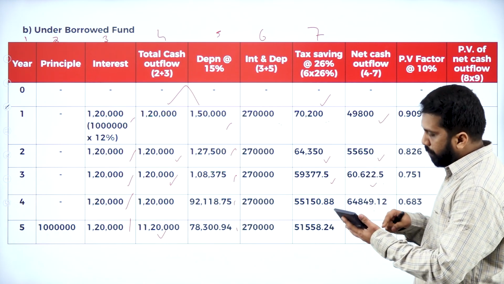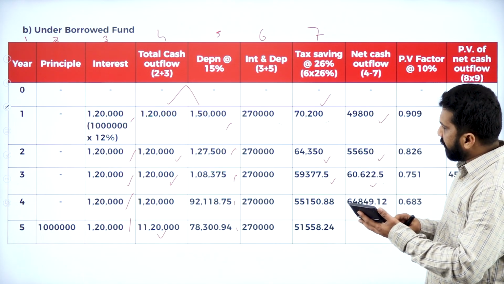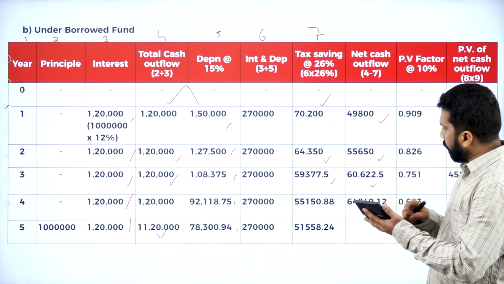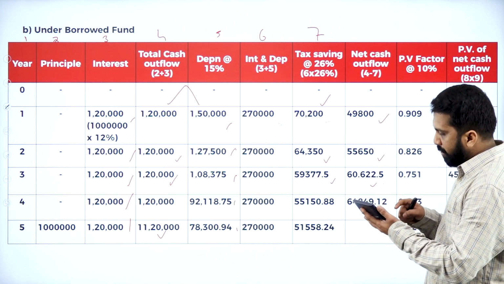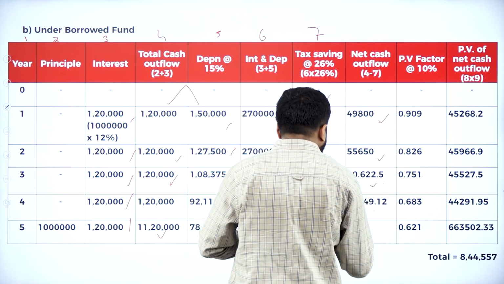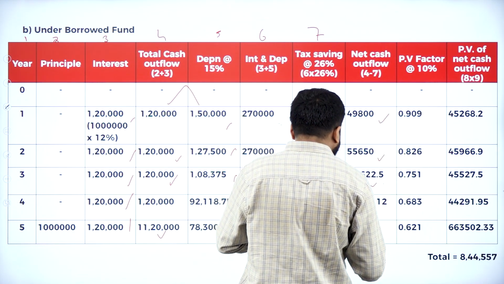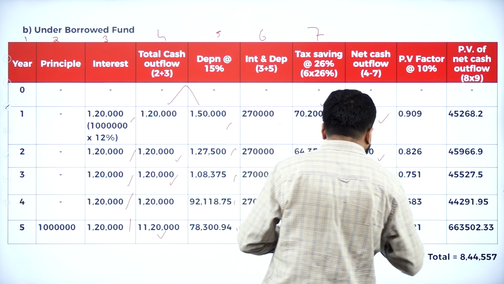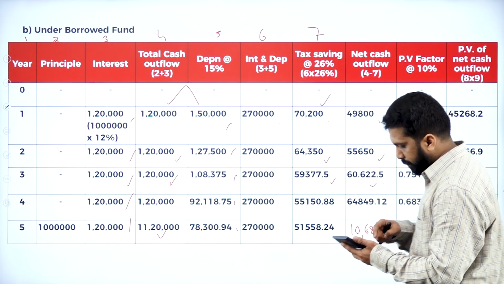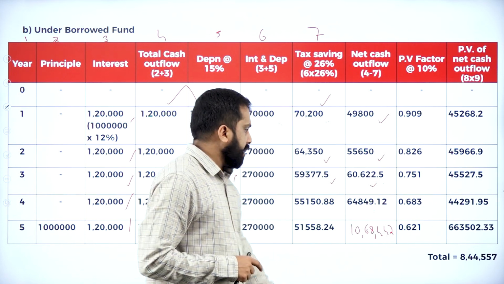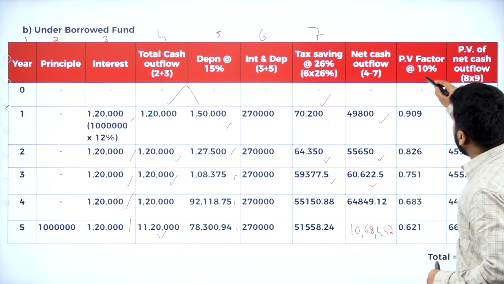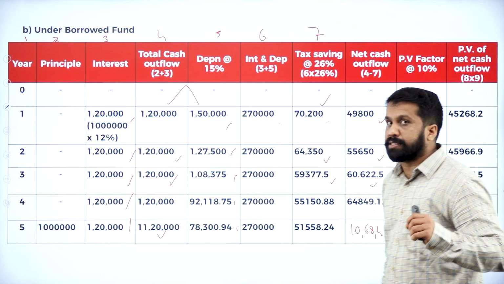So what is the column number 4? 11,20,000 minus your column number 7, 51,558. I got 10,68,442. Yes. So you write even last one also. Last one is what? PV factor at 10%.